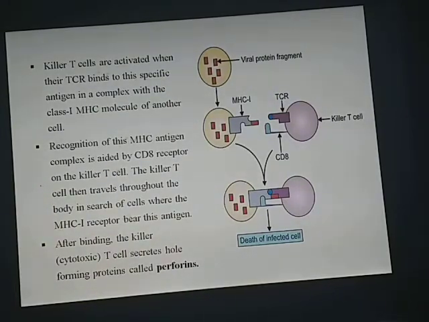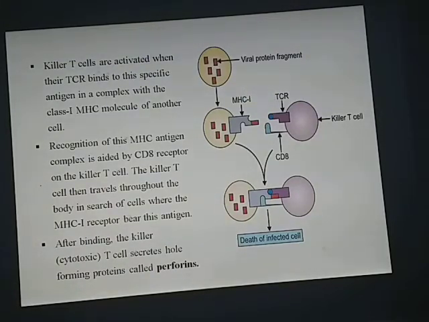Recognition of this major histocompatibility antigen complex is aided by the CD8 receptor on the killer T cells. The killer T cells then travel throughout the body in search of such cells where major histocompatibility complex 1 receptors bear this antigen. After binding, the killer T cells secrete hole forming protein called perforins.